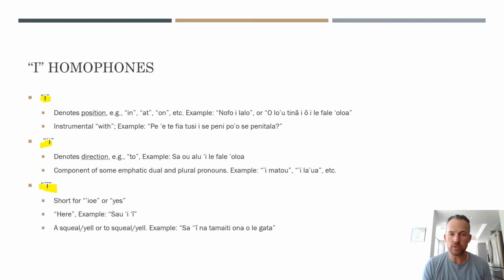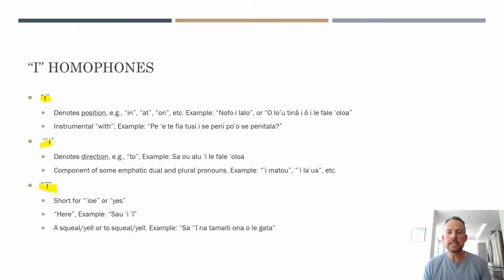So do you want to write with a pen, or, po'o means or, a pencil? Se is a, and penitala means pencil. So that's what I mean when I say with. And I have another lesson on using with, using the word E versus the word ma, which is the accompaniment form of with.